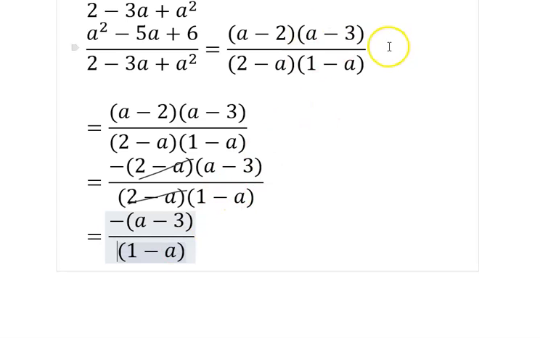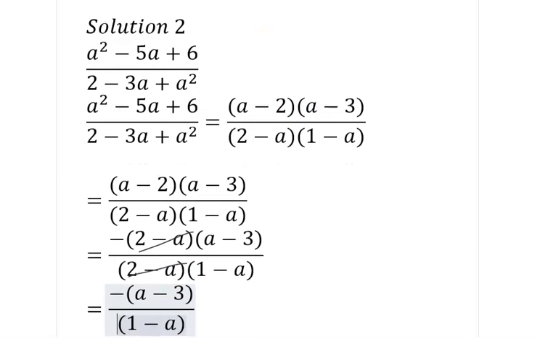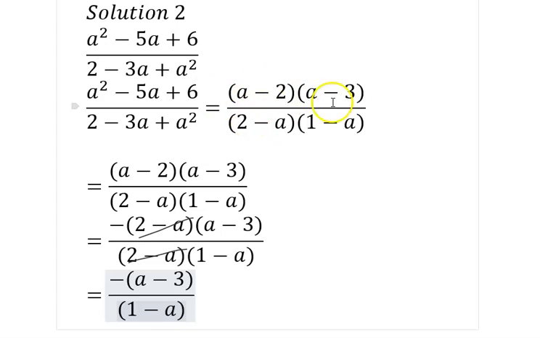For the factorization, just go through the one we did for the first question for the numerator and the denominator. Very easy and self-explanatory. Just use that same method and factorize out for this numerator we have here, this numerator we have here, and this denominator. Factorize what we have here, you will get this. Factorize what we have here, you get this. Just go through the same process.